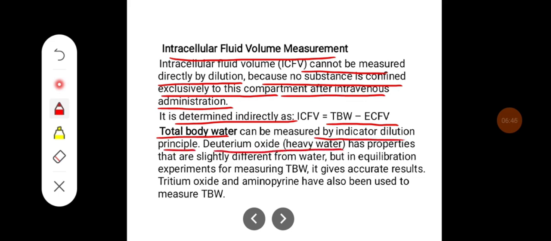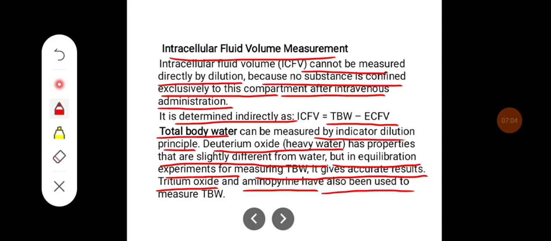Deuterium oxide, that is heavy water, has properties that are slightly different from water, but in equilibration experiments for measuring total body water, it gives accurate results. Tritium oxide and aminopyrine or antipyrine have also been used to measure total body water.